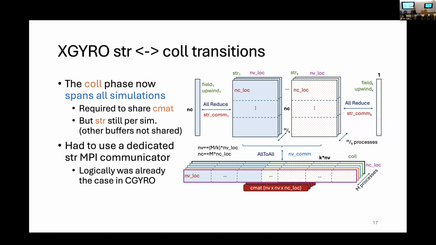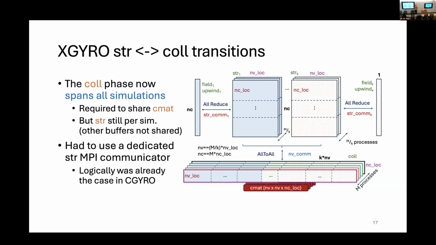Because the all-to-all transpose now gets the data structures of many independent simulations and transposes them across all the processes, because now CMAT is distributed across all the processes.